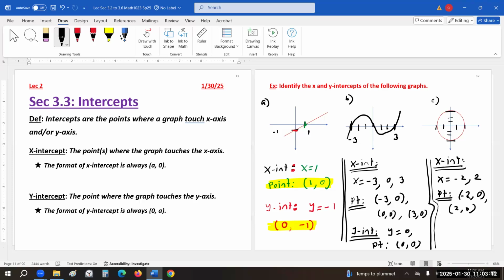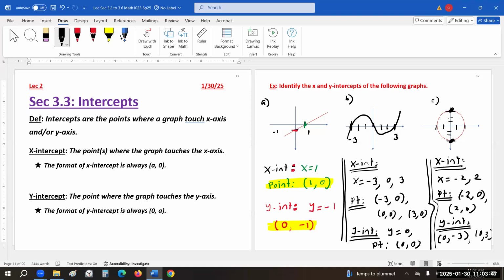Great. Now for the y-intercept. Since I don't have space, just give me the point format for y. So it's 1, 2, 3 on each side. Great. (0, -3). It's the bottom one. (0, 3). It's the top one. So this is 3 and this is -3.